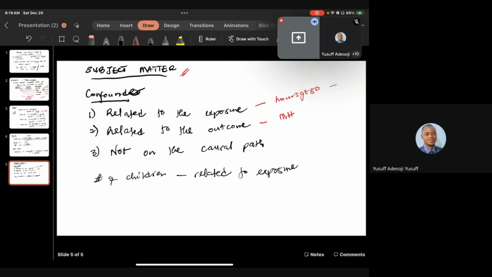It's just what you think. It doesn't have to be absolutely correct. Yeah, I think they are more likely to be stressed. Okay, so more likely to be stressed and therefore more likely to have mental illnesses. All right, so related to the outcome.